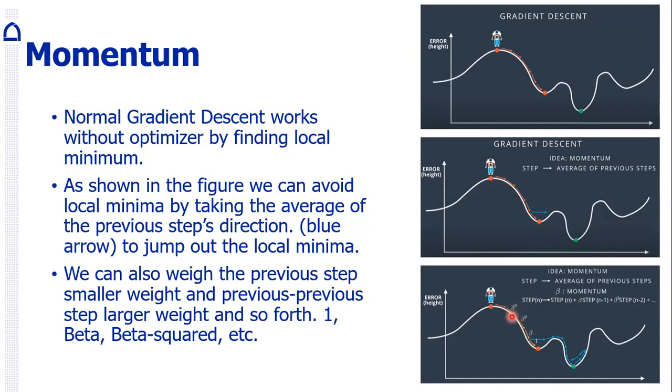So the training can pass this point and jump over this edge, especially if the edge is small. It can jump over and come into the global minimum, avoiding sticking in the local minimum. This is a technique used for avoiding local minima, and it also enhances the performance of the CNN.